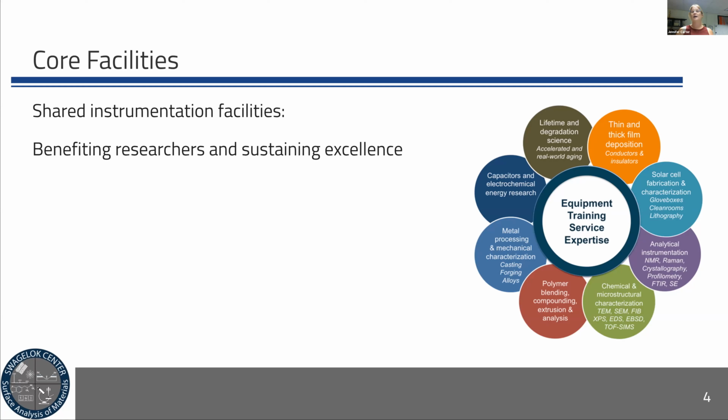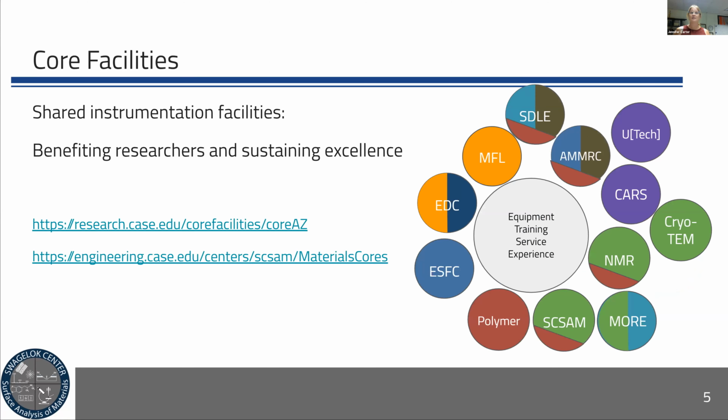We have core facilities across the entire university that account for materials processing and analysis. So what does that look like here on campus? Here on campus, we have 13 or so facilities.